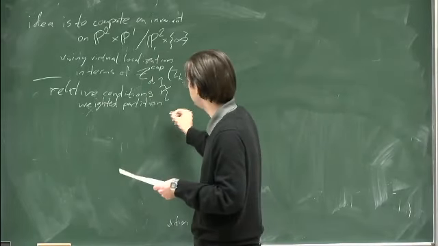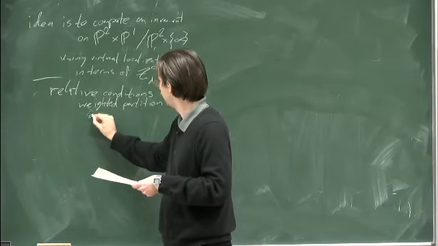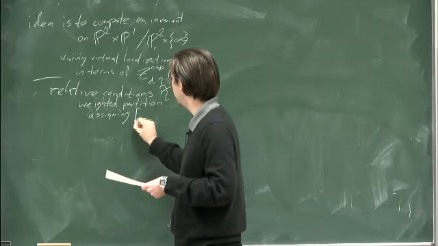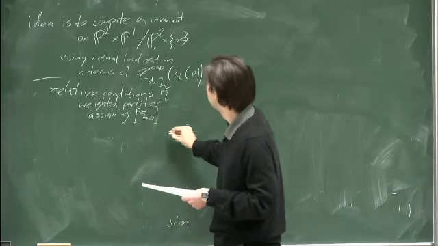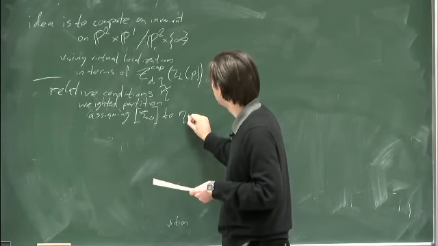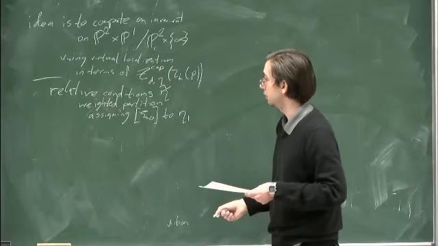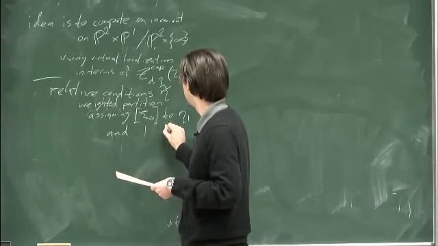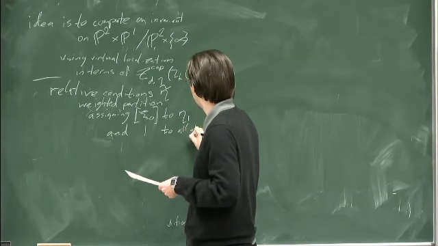This is a weighted partition, assigning the class of some point, C0, to the first part of eta, and 1 to all other parts of eta.